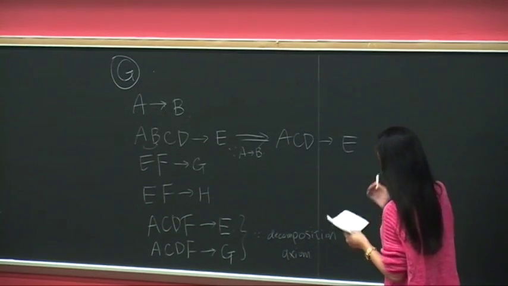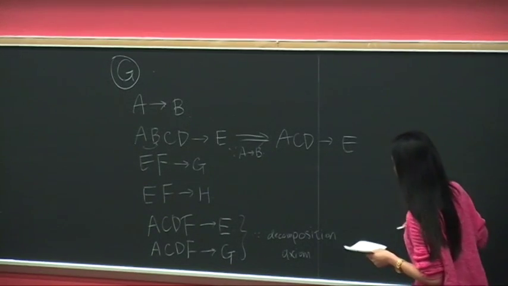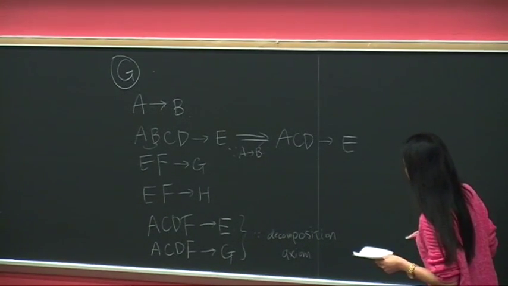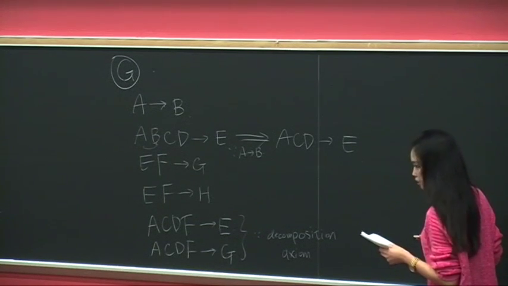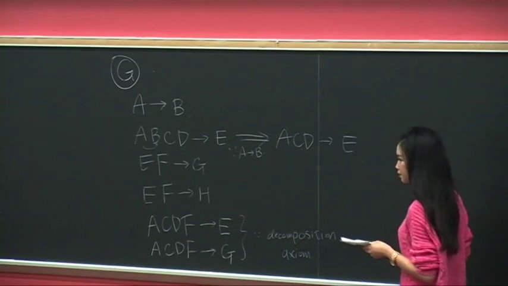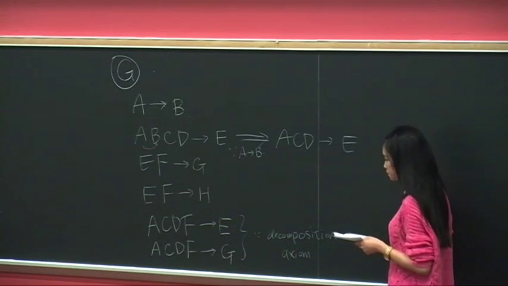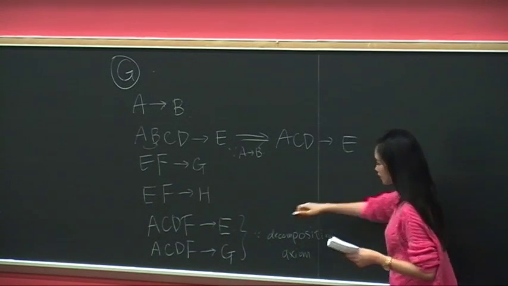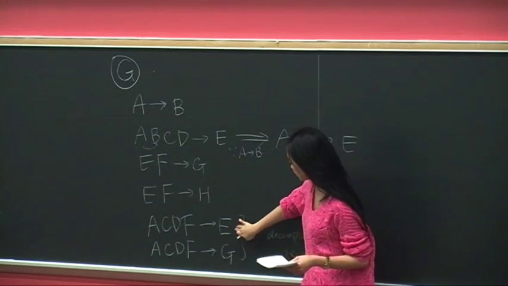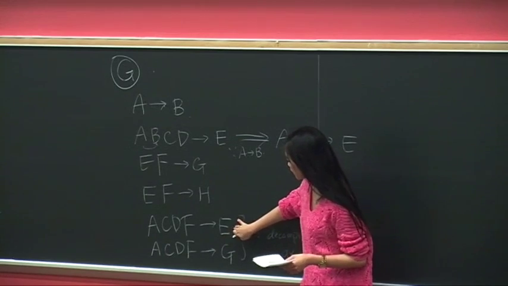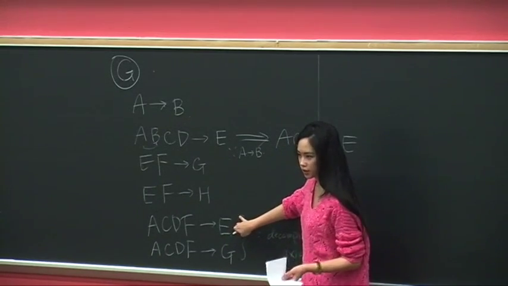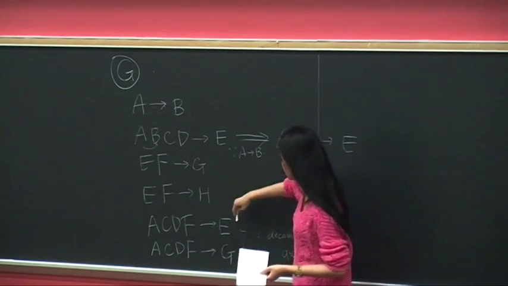Or in another way, you can say, when ACD is determining E, F is unnecessary. We don't even need it. So this one is not necessary. Remember when we talked about the rules for finding the minimal cover, if a functional dependency is not necessary, just remove it.